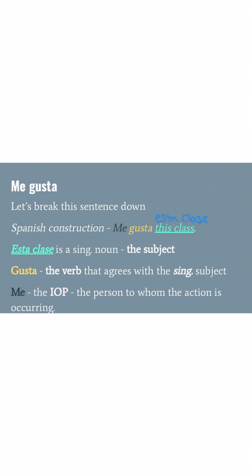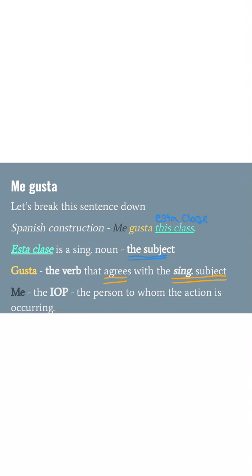All right, so "esta clase" is considered a singular noun. It is, get ready for it, the subject, okay? The class is the subject of the sentence. "Gusta" is the verb that agrees with the singular subject, okay?